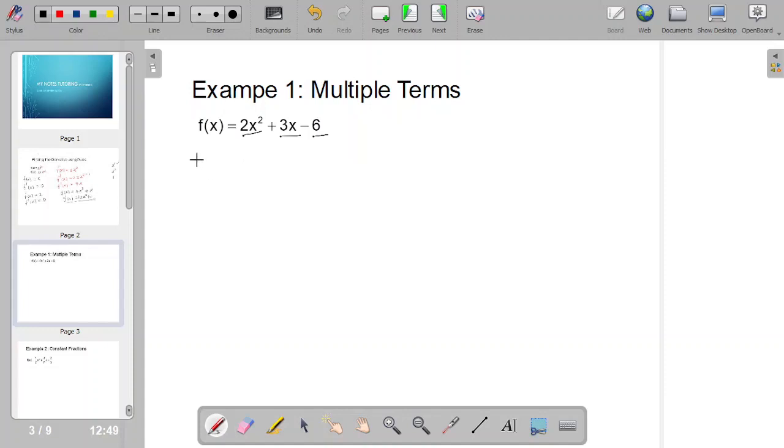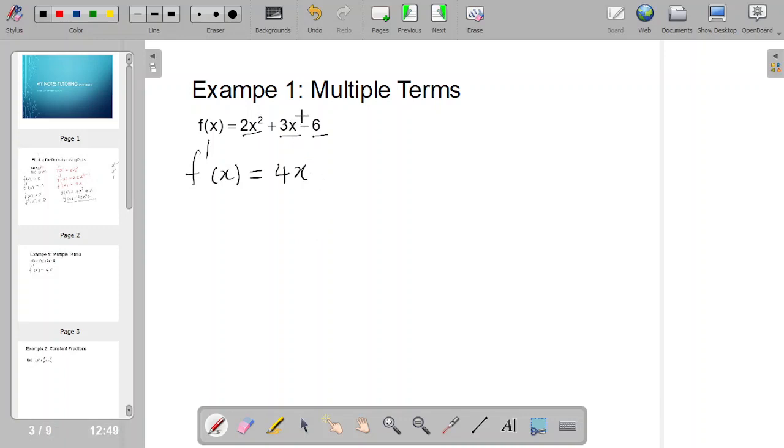Now to get the derivative f prime of x, we will say 2 multiplied by 2. This will give us 4x, and then 2 minus 1 is just 1.